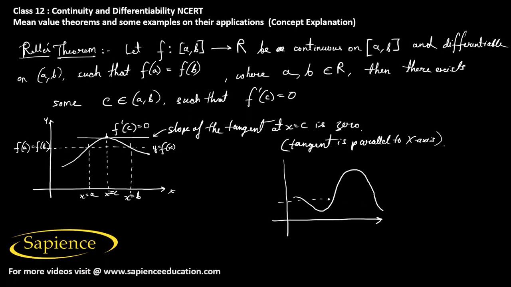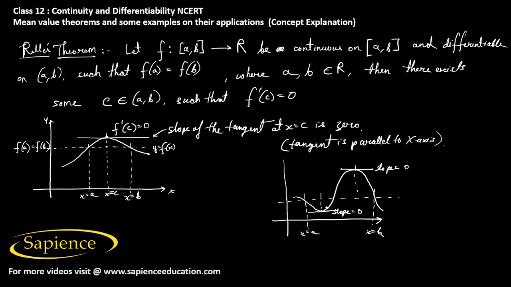Here also the value of the function at x equal to a is equal to the value of the function at x equal to b. Here the slope is 0, and at this point also the slope is 0.